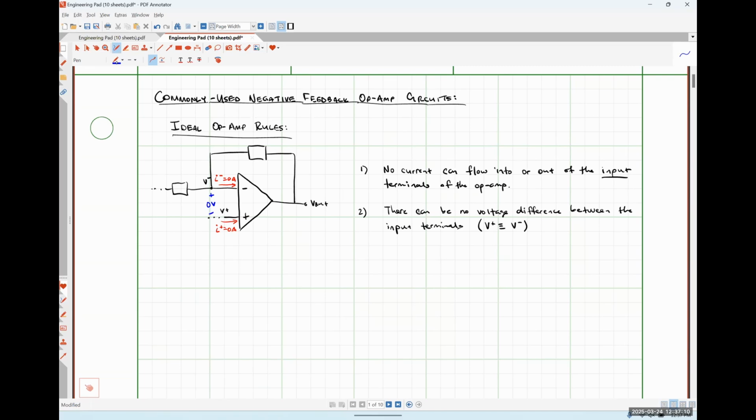So we're going to start with the most commonly used circuit, and that is called the inverting amplifier.